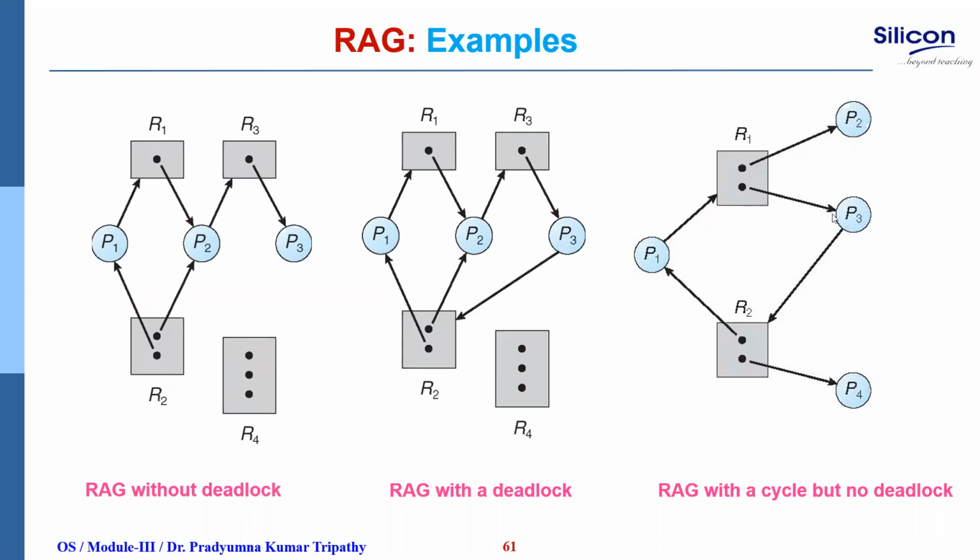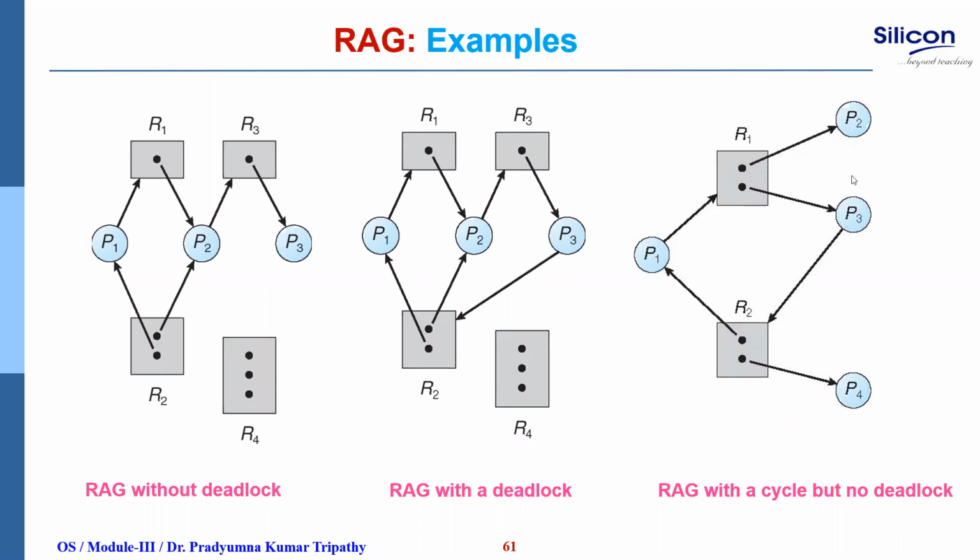P1 to R1, R1 to P3, P3 to R2, R2 to P1. Is it a cycle or not? Yes, it is a cycle, but this is not in deadlock. I will tell you why it is not in deadlock.